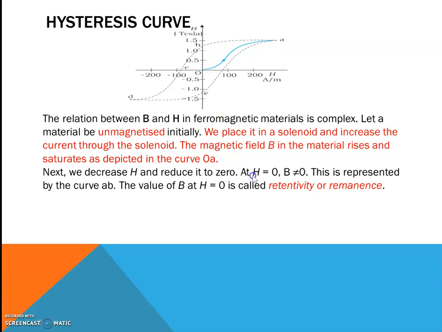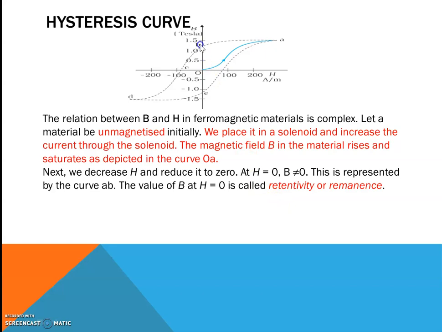So at zero magnetization, magnetic field induction is non-zero, while it was 0 initially when H was 0. It has a magnitude more than 1 Tesla. So this value of magnetic field induction at H equals to 0 is called remanence or retentivity.